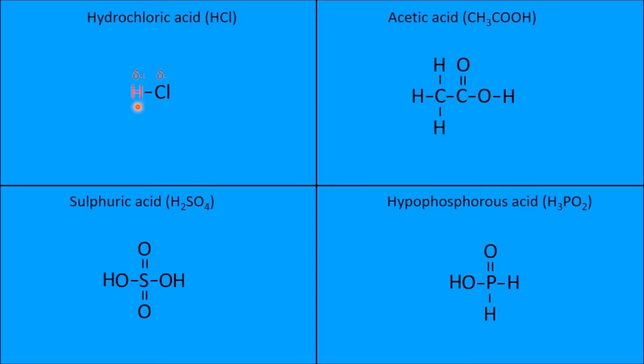Whenever a hydrogen atom is joined to highly electronegative atoms such as fluorine, oxygen, nitrogen, it can be easily replaceable. The chlorine is highly electronegative, so this is a polar covalent bond. This hydrogen is replaceable. So what is the basicity now? 1. One hydrogen is removable.